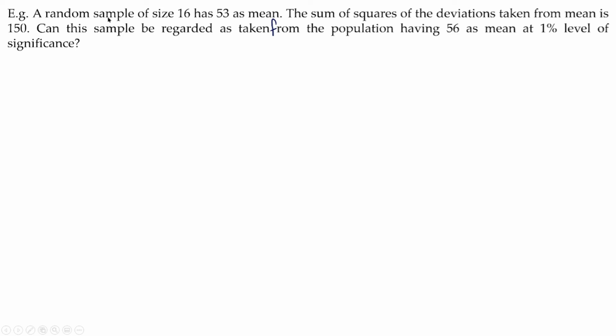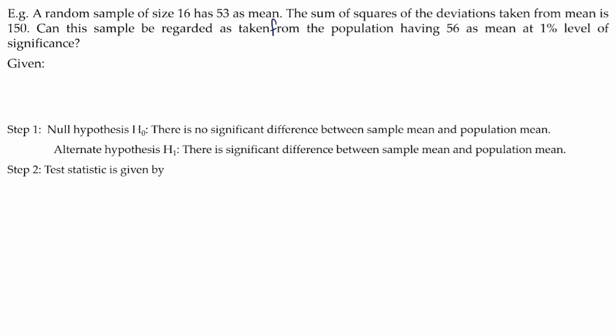So here it is given the size of the sample is 16 and the sample mean is 53. Then the sum of squares of the deviations from the mean is 150. Now we have to test whether this sample is taken from the population having 56 as mean at 1% level of significance. So here alpha is 1%. So first let us write what is given.